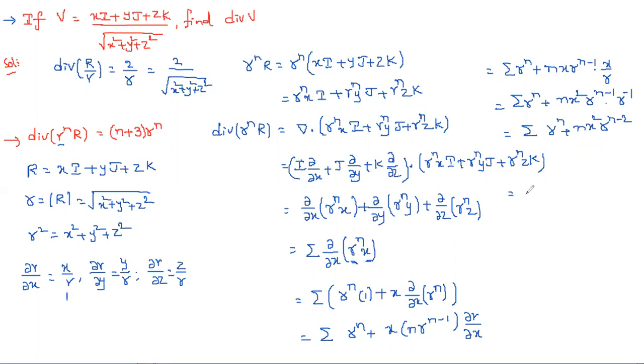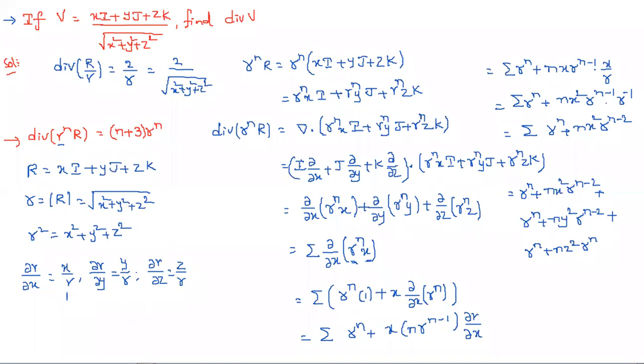Now you can apply this with respect to y and z. Just to expand the summation: r^n + n x^2 r^(n-2), plus with respect to y, r^n + n y^2 r^(n-2), plus with respect to z, r^n + n z^2 r^(n-2).